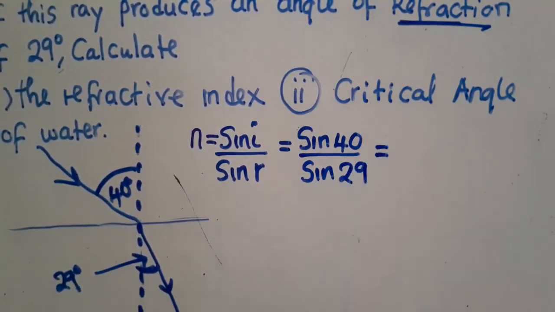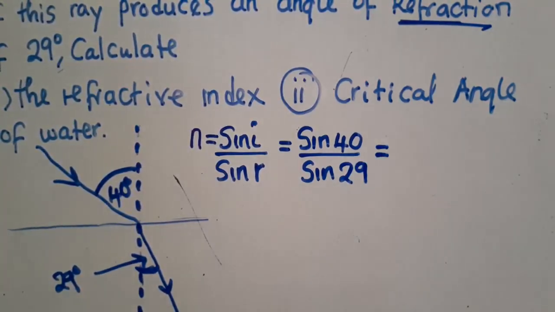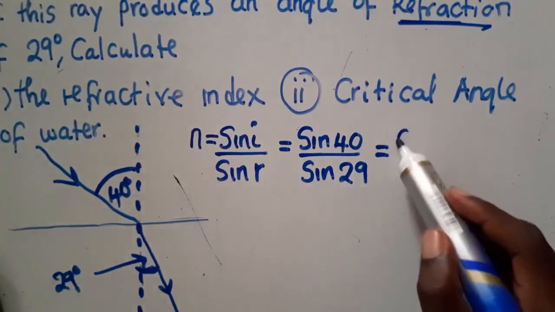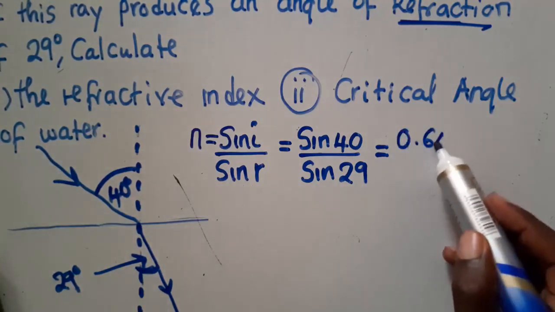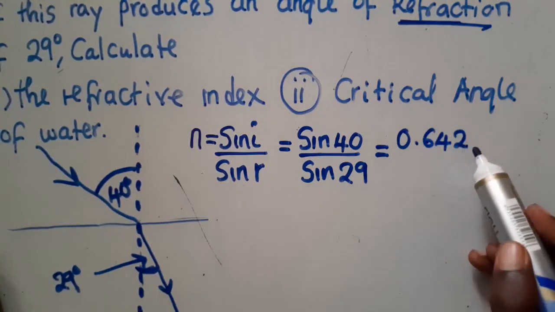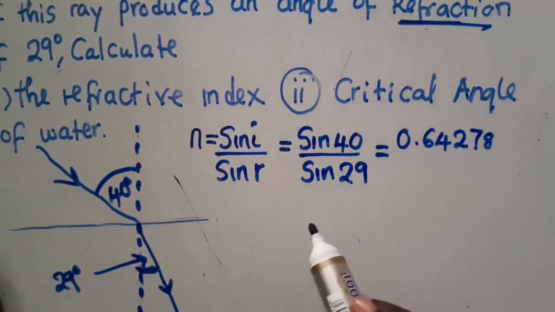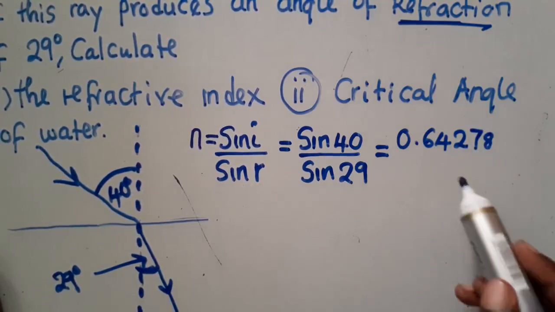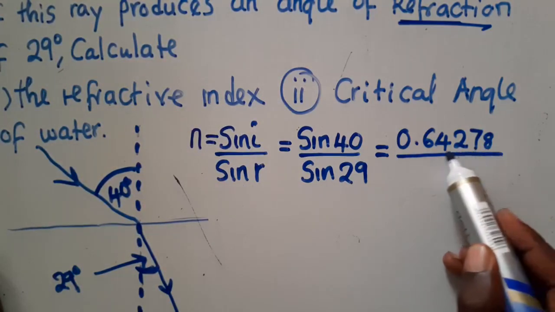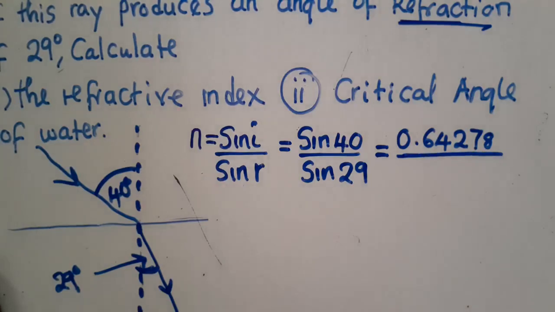Then what answer am I getting if I do the substitution? Sine 40, the answer is 0.64278. Then over sine 29.